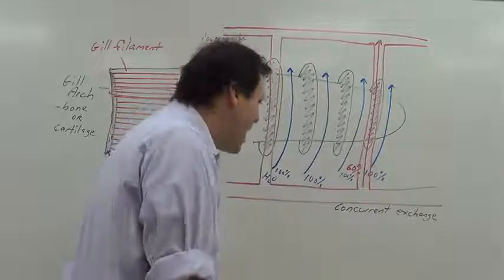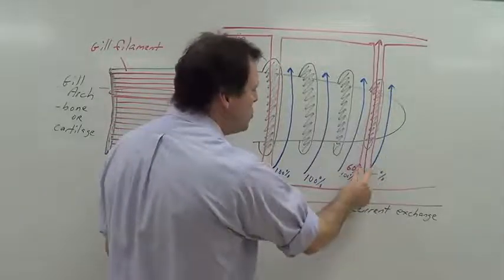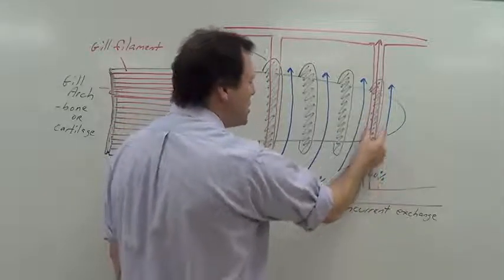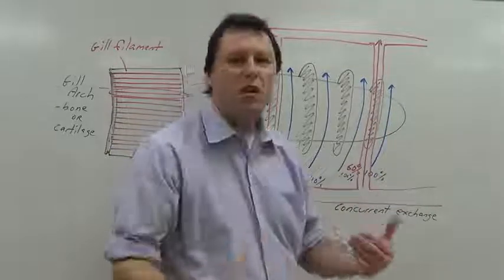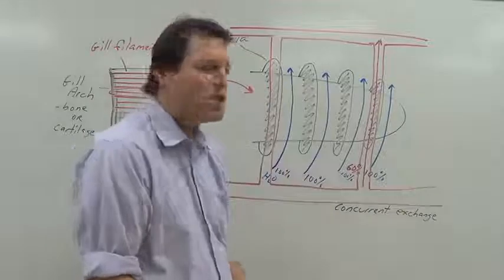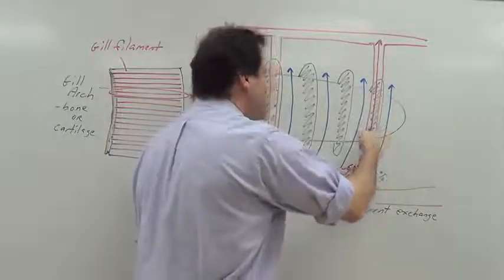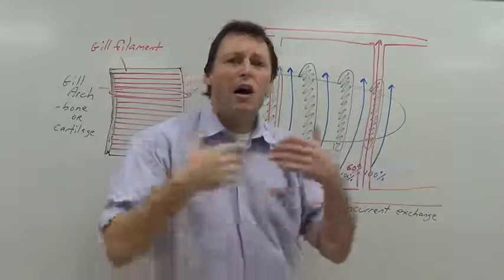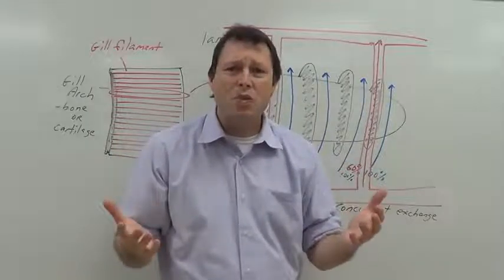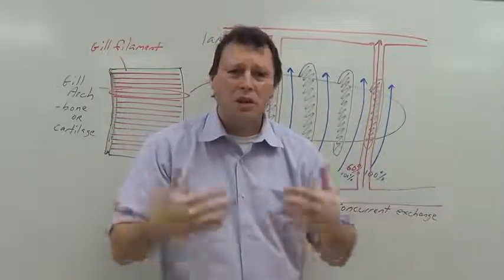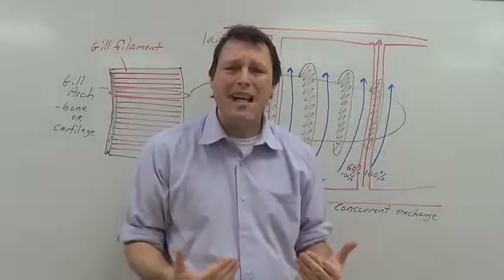Now, what's going to happen here is diffusion begins to occur across this gill filament. Very quickly, we're going to come to equilibrium. That means the concentration of oxygen in the water and the blood are going to be the same. And whenever you have the same concentrations, diffusion, or at least net diffusion, isn't going to take place.